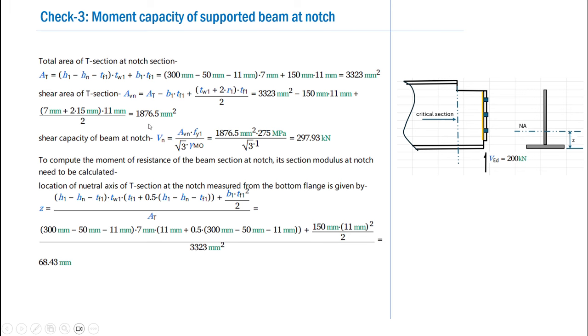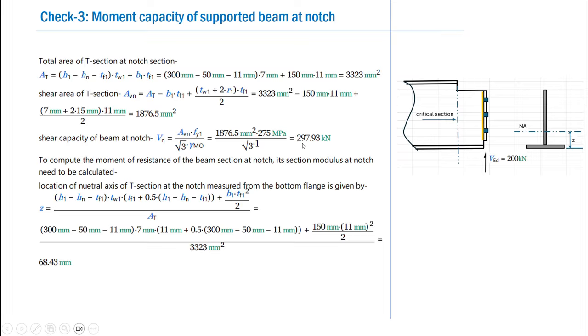Substituting the various values as shown here, we obtain the shear area of the T section as 1876 mm square. From the shear area, we can readily obtain the shear capacity of the beam at the notch. So we substitute the shear area and obtain the shear capacity as 297.93 kilonewton.